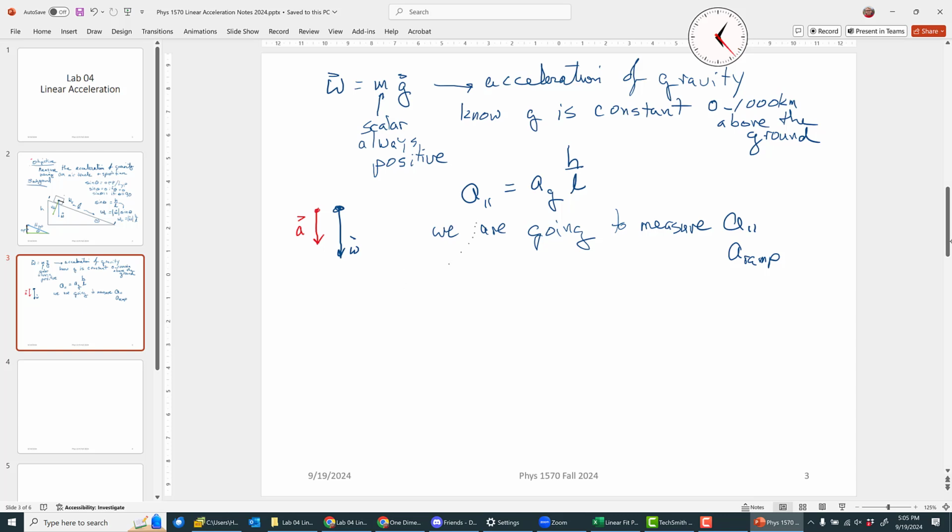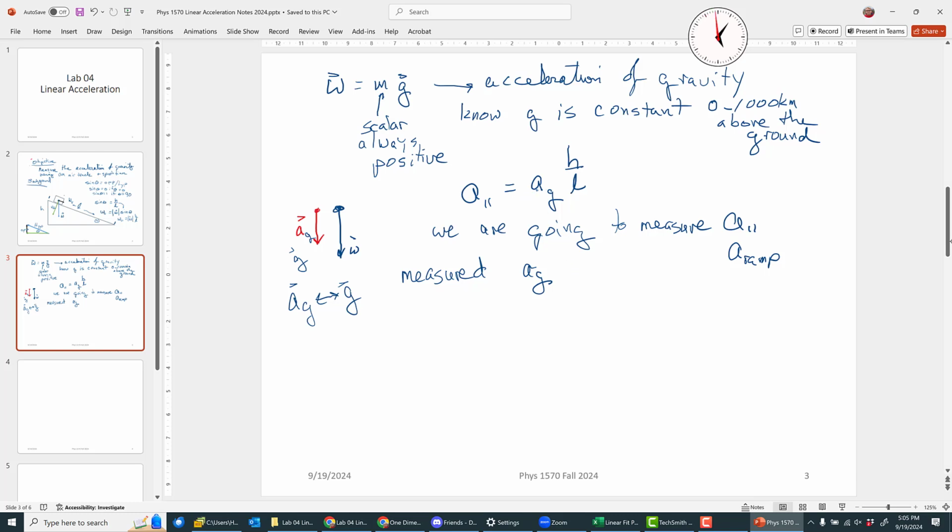So then at the end of the day, we can have a measured acceleration of gravity, g. So notice that acceleration of gravity is equivalent to saying g.